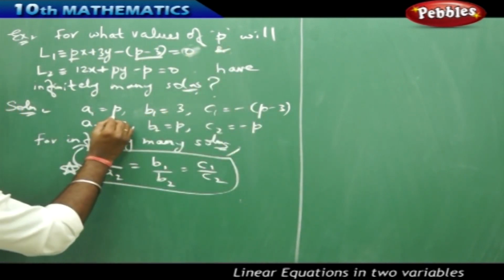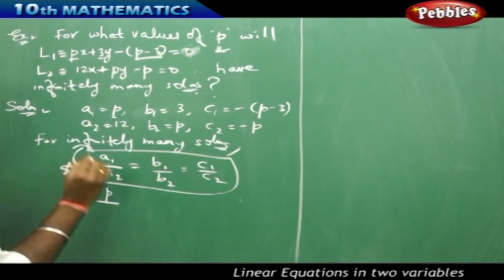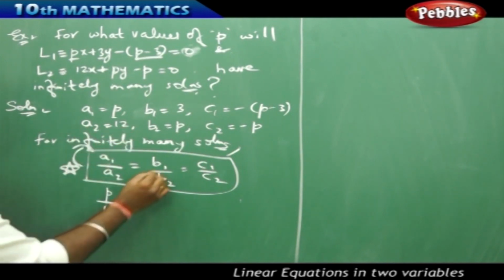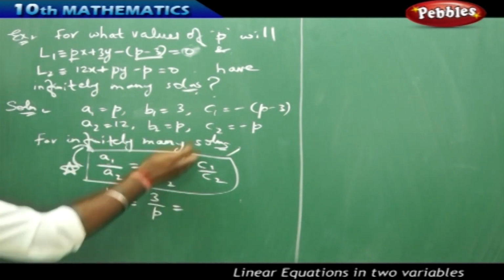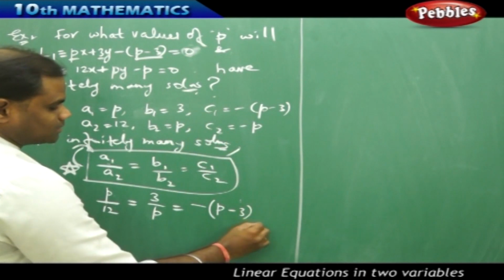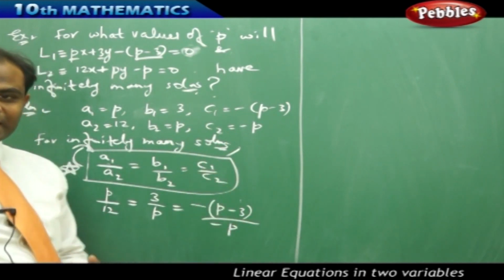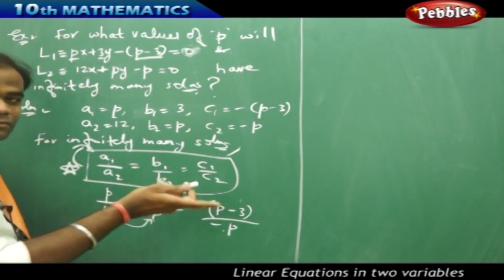So clearly I have here A1 is P, which I'm going to substitute in place of the numerator of the first fraction, P by A2, which is 12, and then I have B1 by B2, which comes as 3 by P, and then finally C1 by C2, which comes as minus P minus 3 by minus P. So I get the value of P by choosing this pair or this or this, or vice versa.